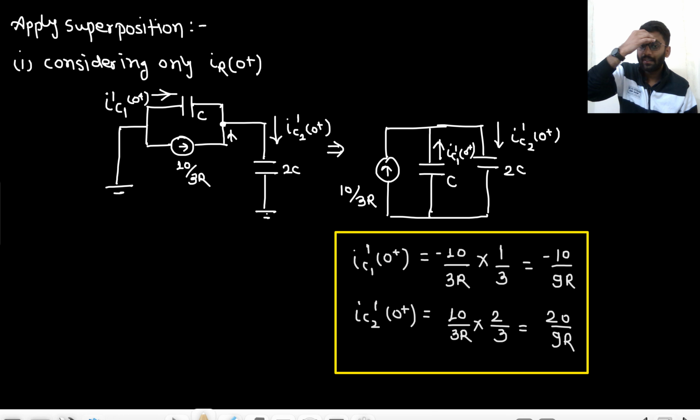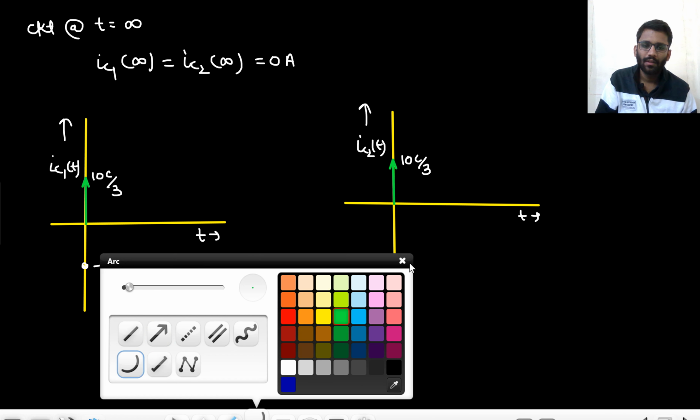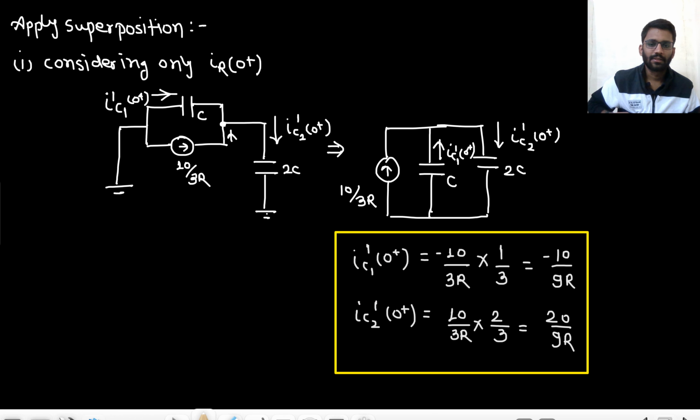And then IC1 at t equals 0 plus is a negative value, minus 10 by 9R. And then it decays exponentially down to 0. Well and good. And what about IC2 at t equals 0 plus?